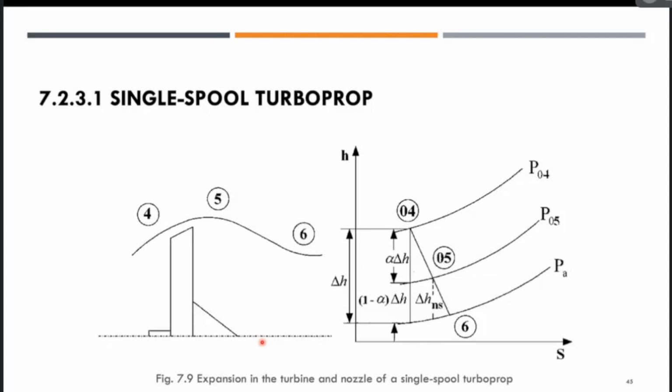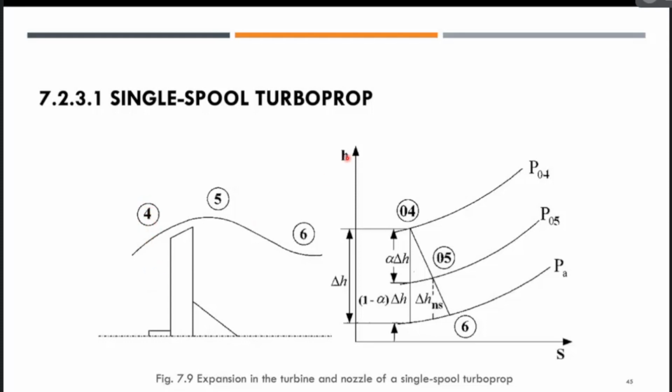So over here, we can see a figure of expansion in the turbine and the nozzle of a single spool turboprop. Station 6 is, if you remind back, the ambient exit of the nozzle. 5 is the station right after the turbine, and 4 is the station before the turbine.